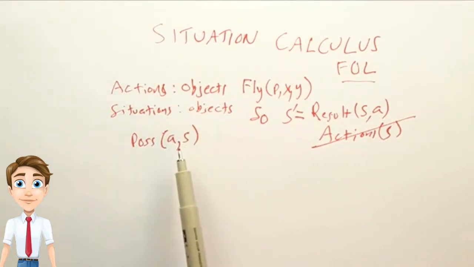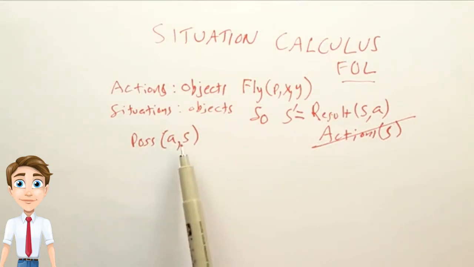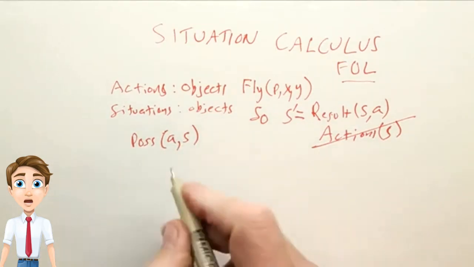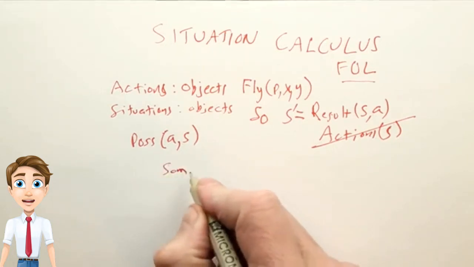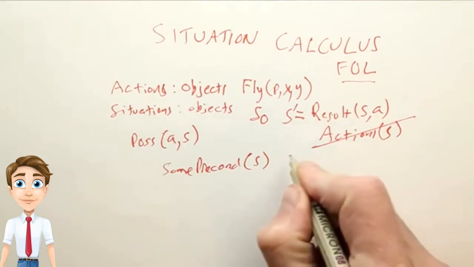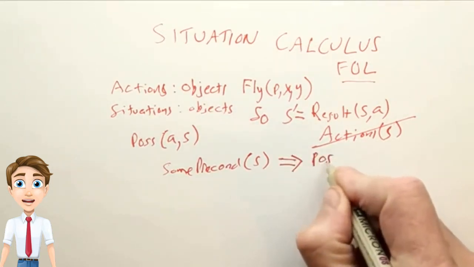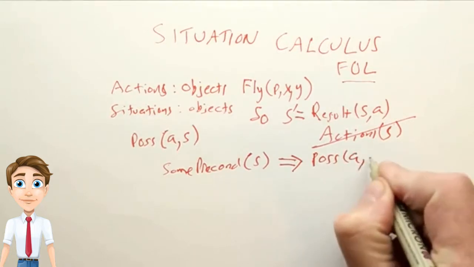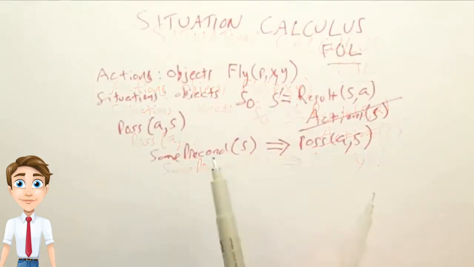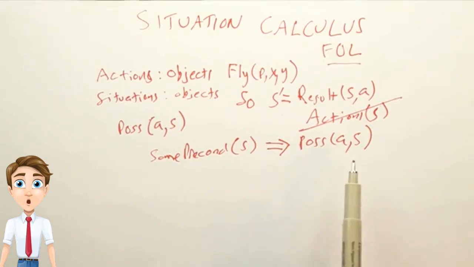Now, there's a specific form for describing these predicates, and in general, it has the form of some precondition of state S implies that it's possible to do action A in state S. I'll show you the possibility axiom for the fly action.